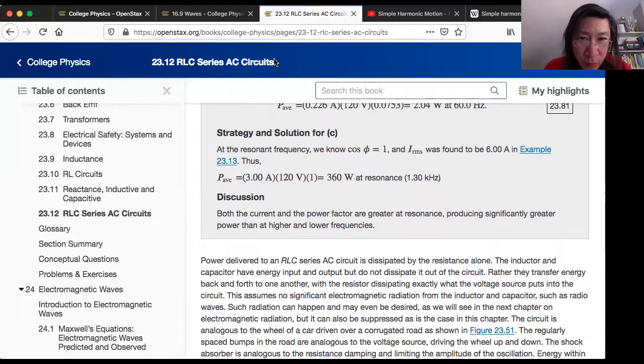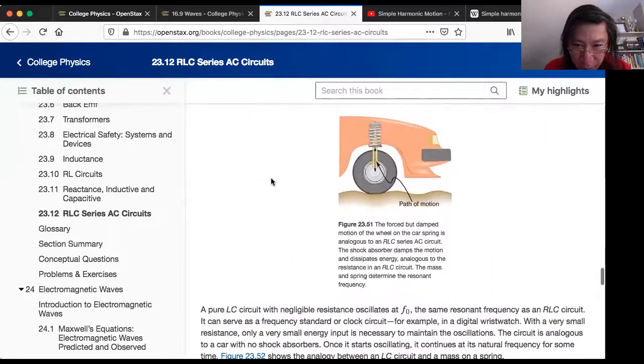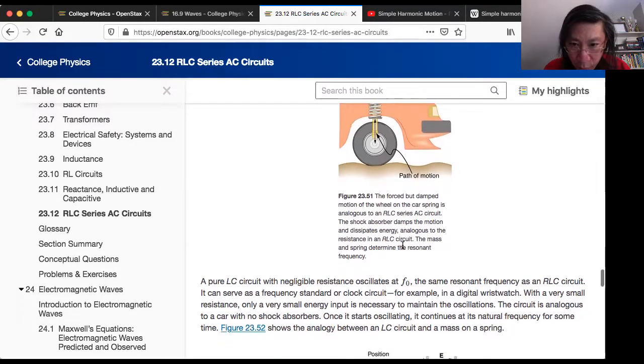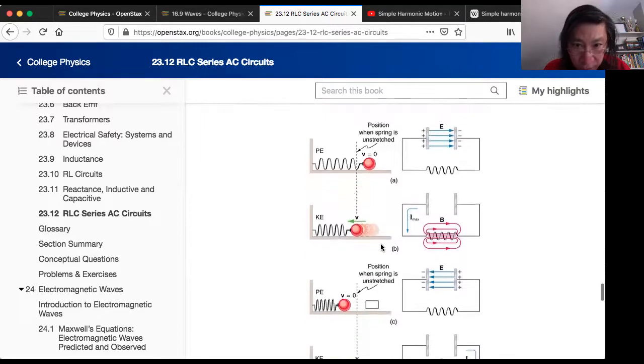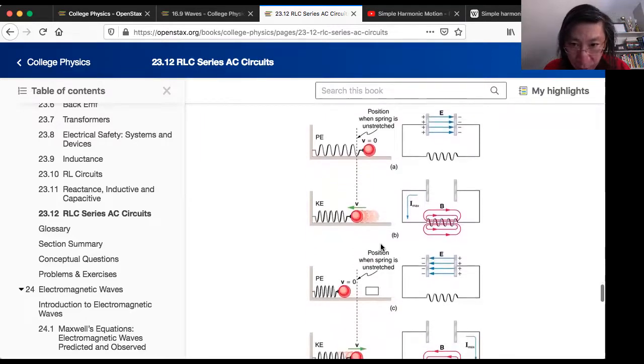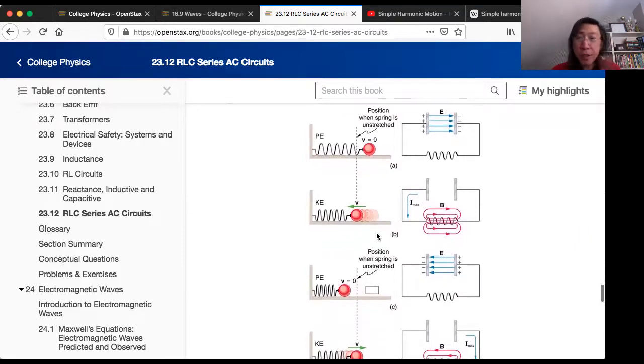So if you remember this RLC circuit down here, right, the force and motion of the wheel in the car is just boing, boing, boing, boing. And if you remember, there were resonant frequencies about harmonic oscillations. So when you're doing an RLC series AC circuit, what you're basically doing is creating the equivalent of simple harmonic motion or forced harmonic motion or forced damped harmonic motion.